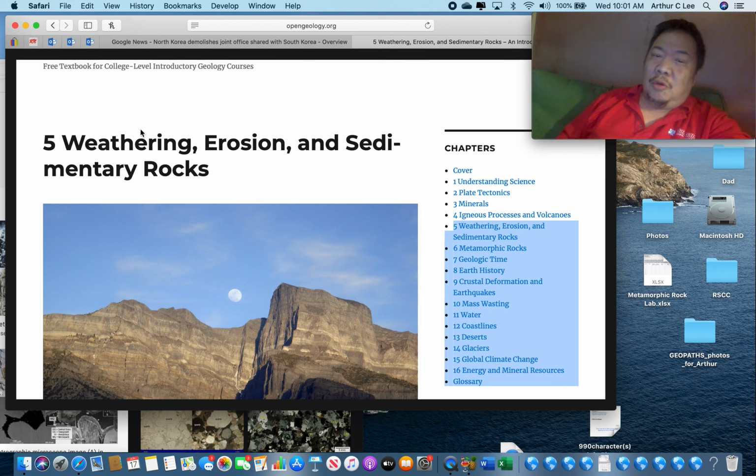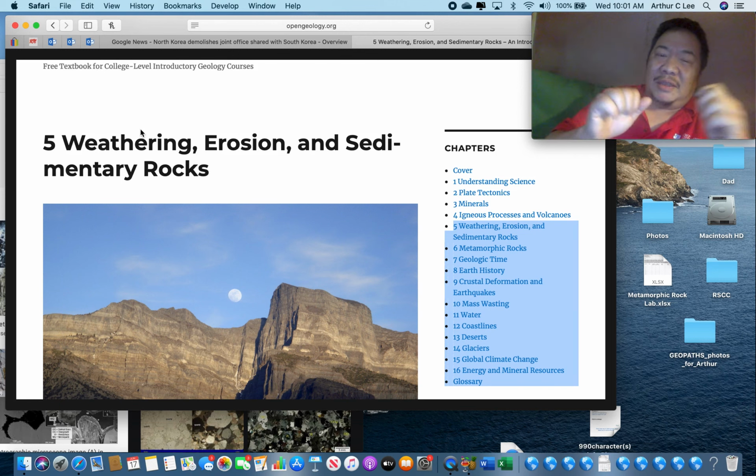What does the word erosion mean? Erosion involves two things. It involves weathering, which is the breaking down of the rocks, but also carrying that debris. Let's say you have a big rock and it's broken down into gravel, sand, silt, and clay, into sediments.